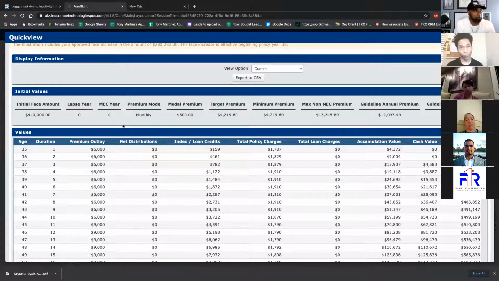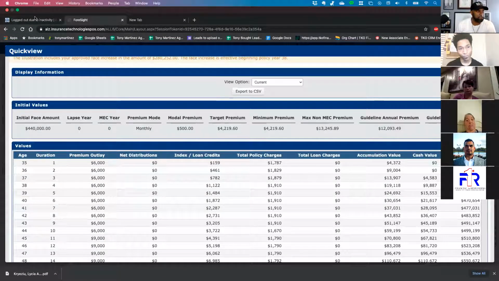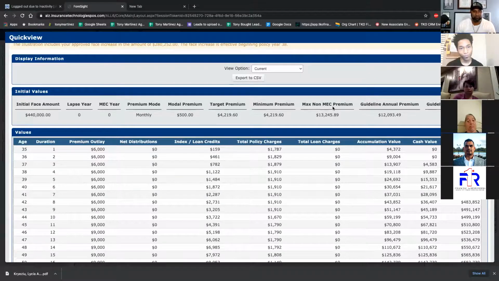Yeah, so I was going to switch over, but if you notice, it says logged out due to inactivity because I was presenting this for so long. But when you're running the illustration, 90% of companies have this little button called MEC avoidance, and you just check it, which means that the computer system will not allow it to become a MEC. And so what you would notice, if it's close to becoming a MEC, the premium payments will start dropping automatically.